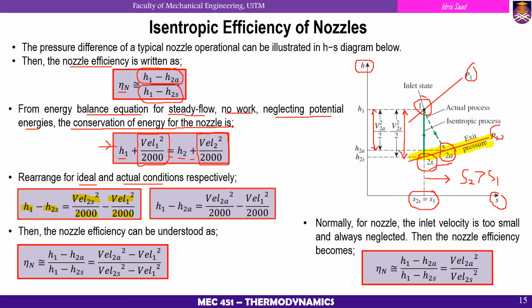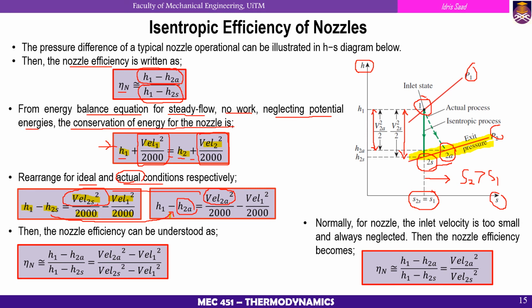In the case of the actual condition, we change the exit enthalpy from the isentropic value to h2a, and similarly we change the velocity from the isentropic condition to the actual condition. So the energy balance equation for the nozzle is basically h1 with velocity 1, h2 with velocity 2.